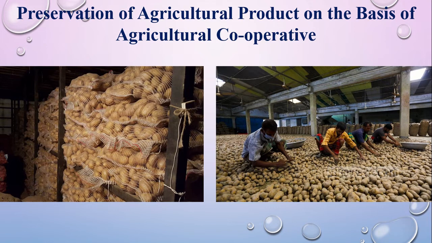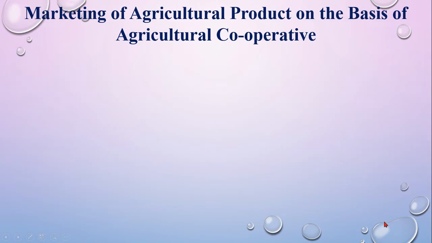In our country, most people store or preserve crop, flower, fruits, fiber, seed, bamboo, wood, egg, milk, meat, leather or hide, fish, water, everything. So if you make a proper cooperative for preservation, then a person can easily preserve that product for the next season as well.